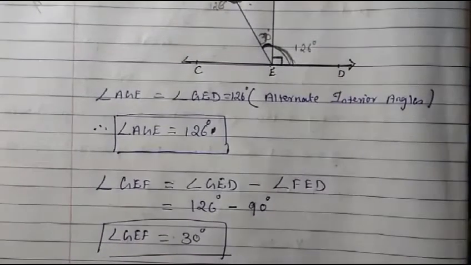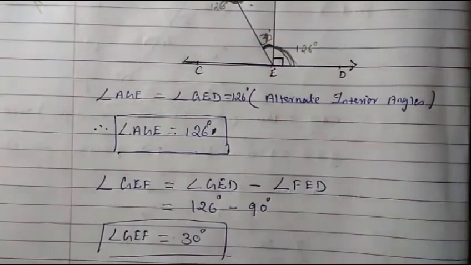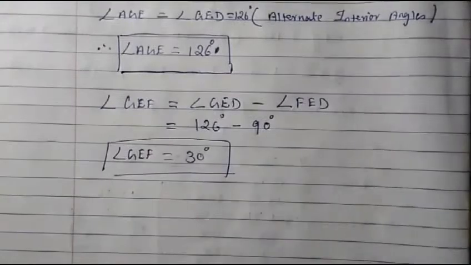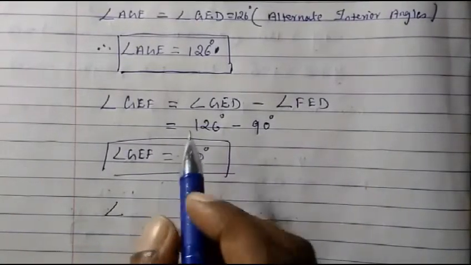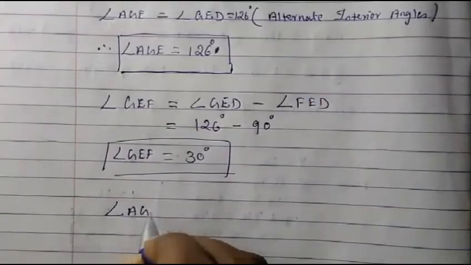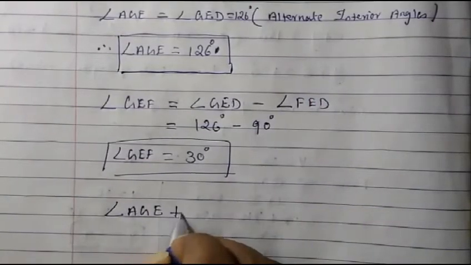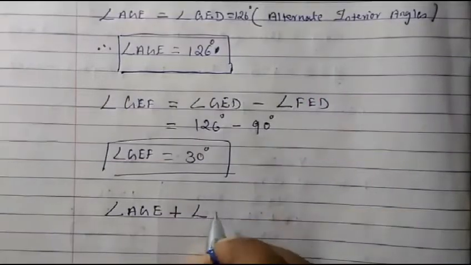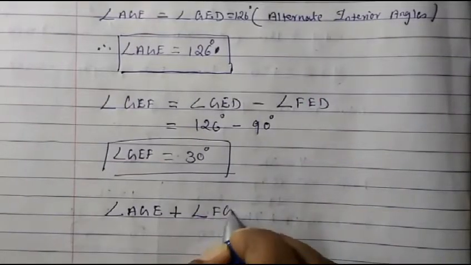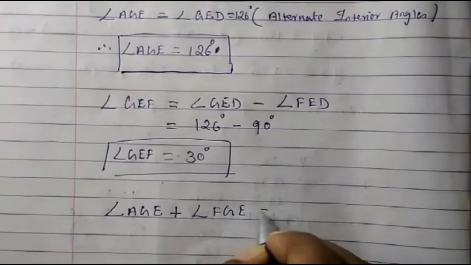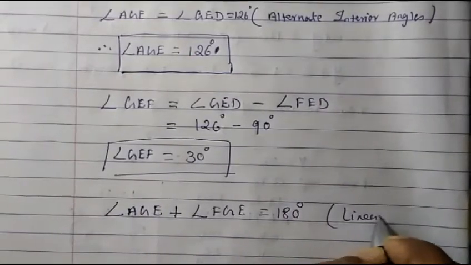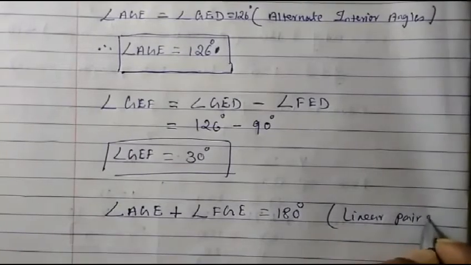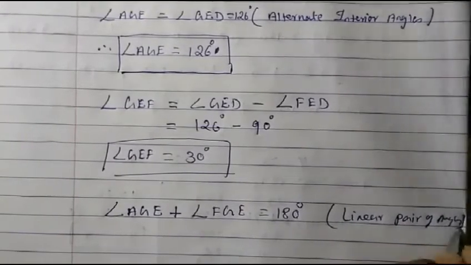So let's write down: angle AGE plus angle FGE is equal to 180 degrees, because they are a linear pair of angles.